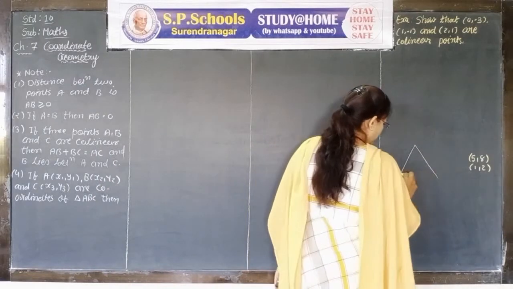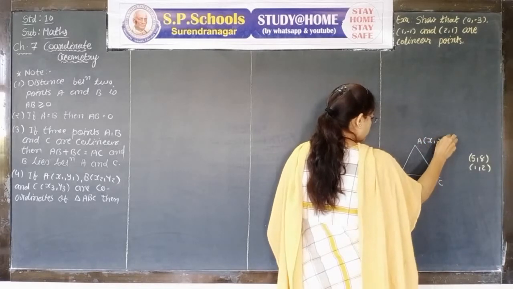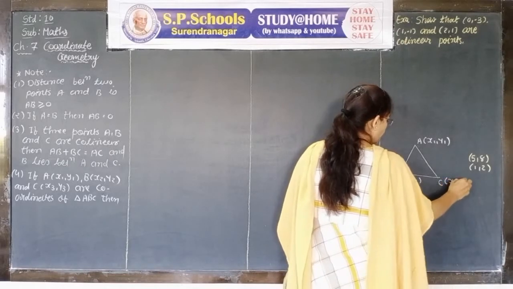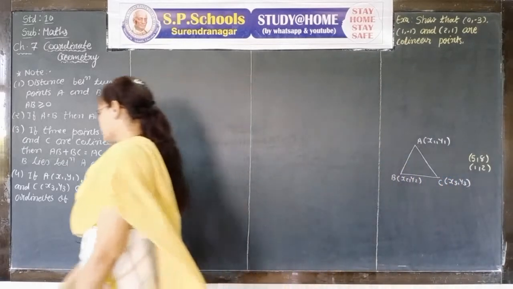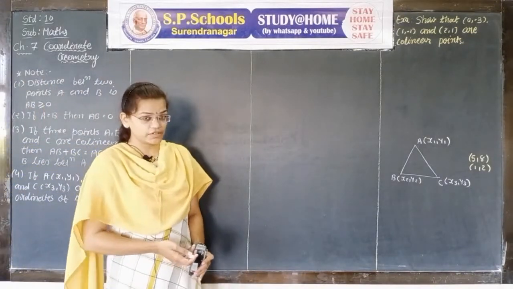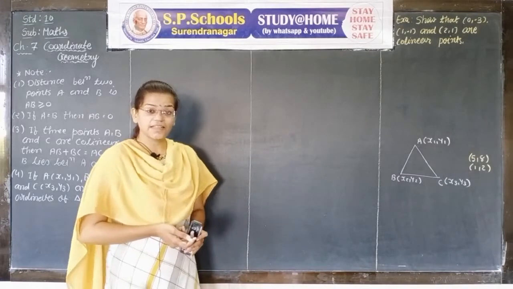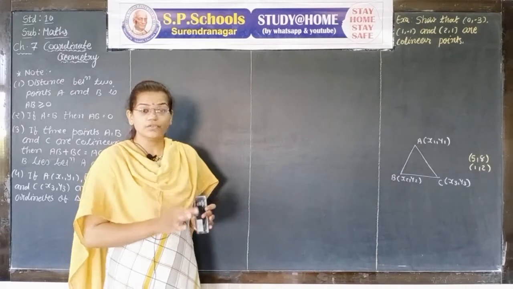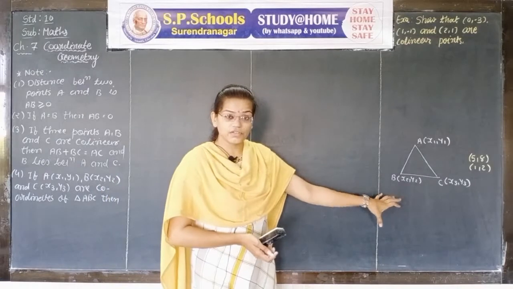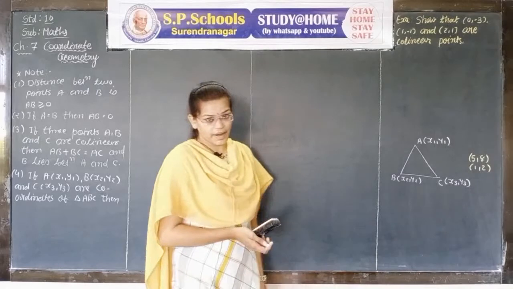In this one we have to take three vertices of the triangle. The coordinates of A are (x1, y1), of point B are (x2, y2), and of point C are (x3, y3). Different types of triangle: the equilateral triangle, isosceles triangle, scalene triangle, right triangle, isosceles right triangle, etc. And each has some characteristic. Using the characteristic, we know the vertices of the triangle.